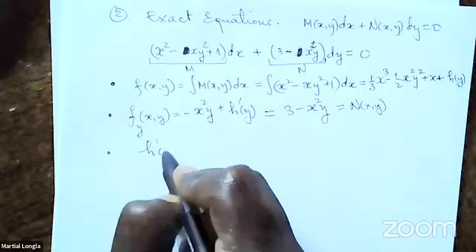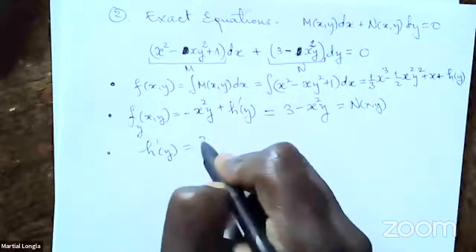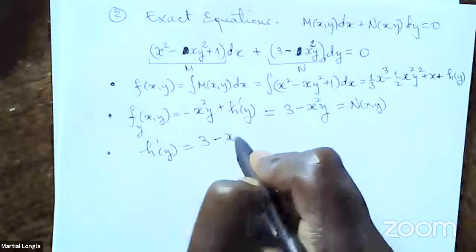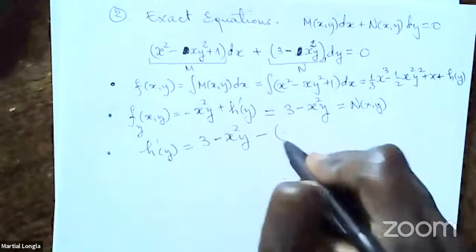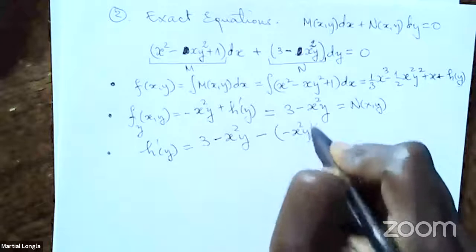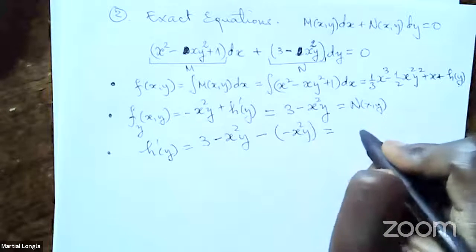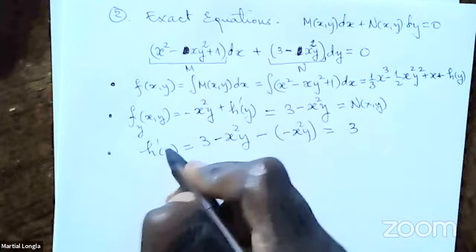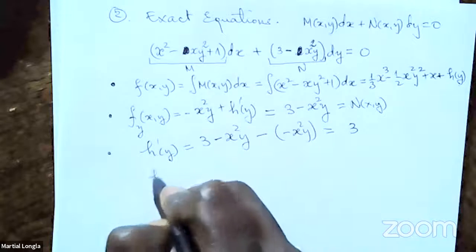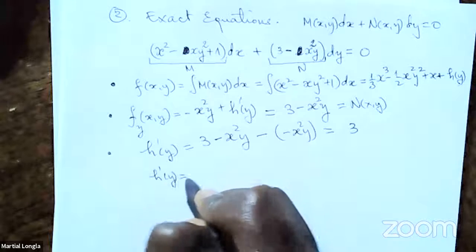So you get h prime of y equals 3 minus x squared y, minus, you send this to the right, minus x squared y. And things cancel here, you get that this derivative is equal to 3. So we get that h prime of y equals 3.